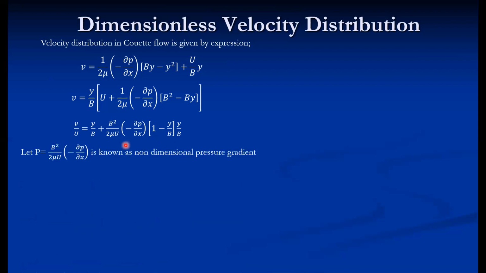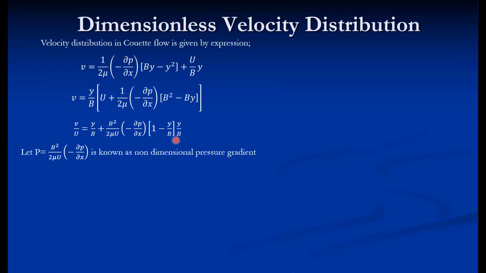Now, let this term be called P. It is known as the non-dimensional pressure gradient, because this is non-dimensional and this is also non-dimensional, so the product of this and this cannot be dimensional.